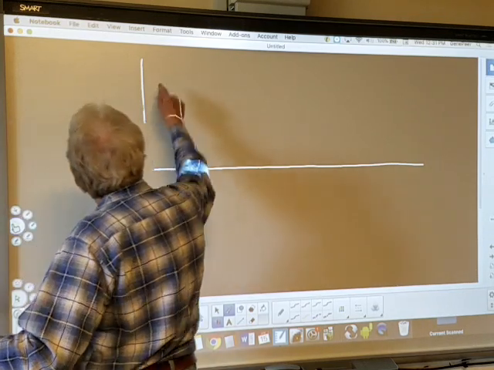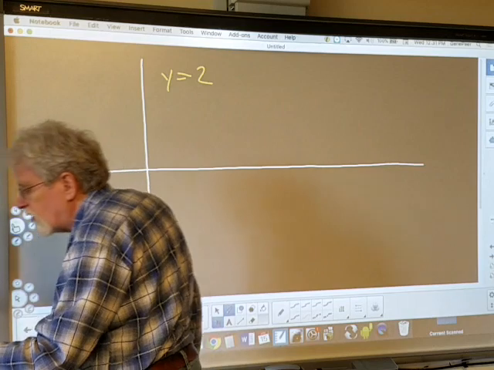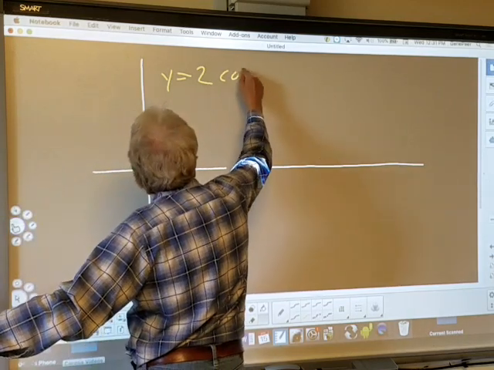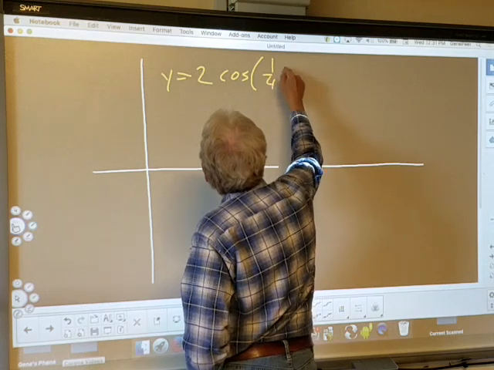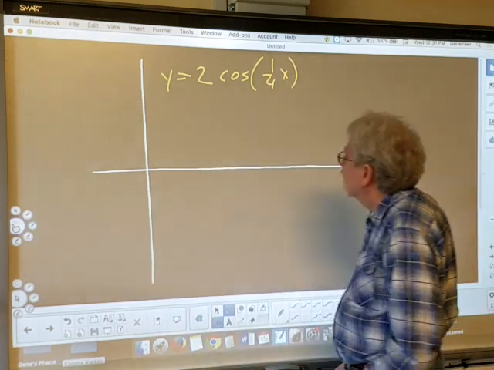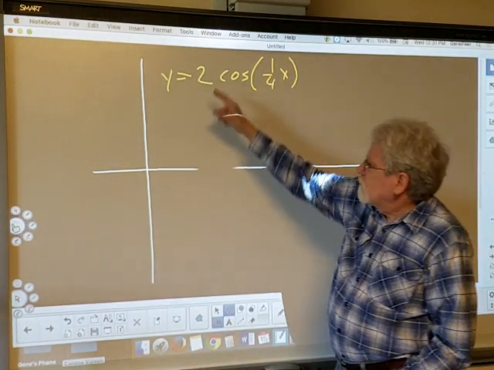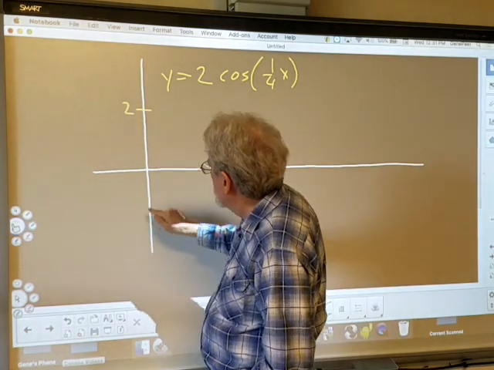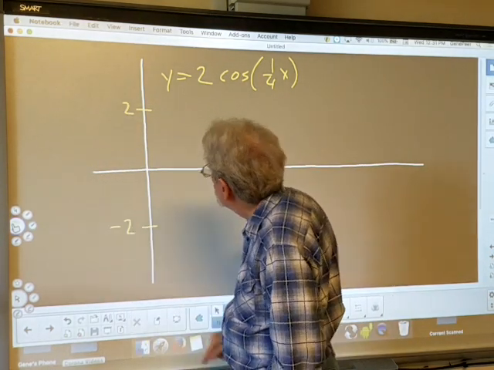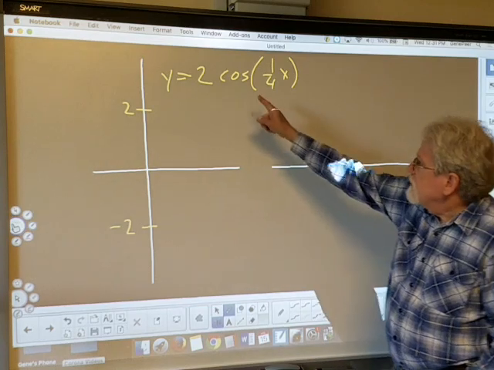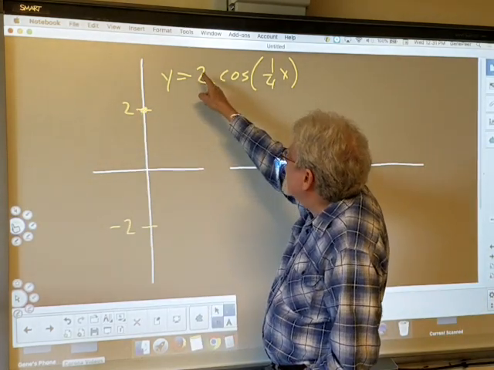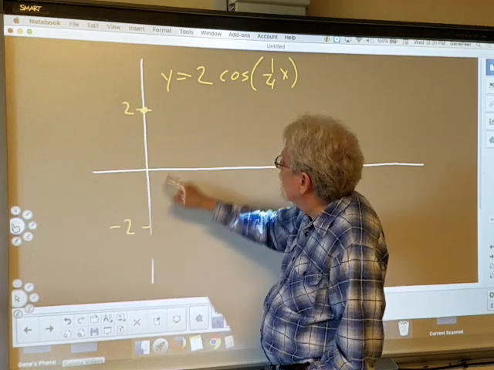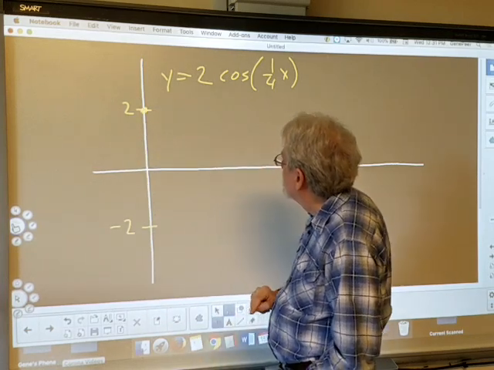Okay, so we have y equals 2 times cosine of 1/4 x. Interesting. Okay. Amplitude is 2. It goes no higher than 2. It goes no lower than -2. Being cosine means it's going to start up here. If it were -2, it would start down there. But being +2, it starts up here.